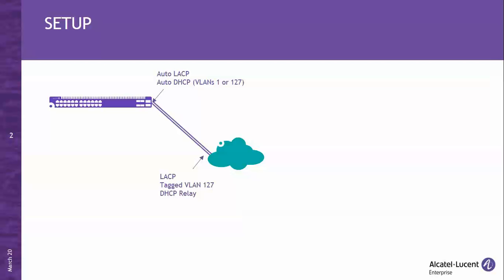If it doesn't receive an IP address within 30 seconds, it will try again, but this time it will use tagged VLAN 127 instead. It retries a couple times, alternating between these two VLANs. There's also a possibility of using a different VLAN number, which the upstream switch can specify through LLDP. But in my setup, it will succeed on VLAN 127 because that's the way I set it up.